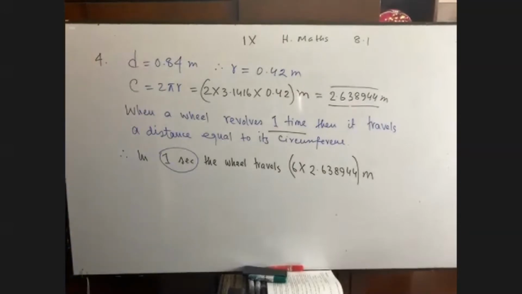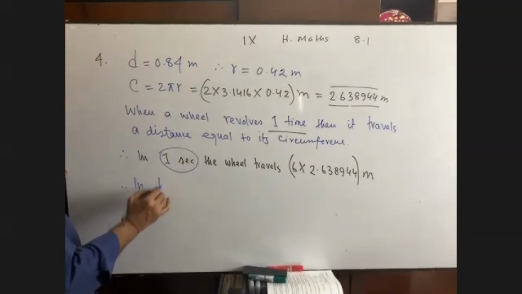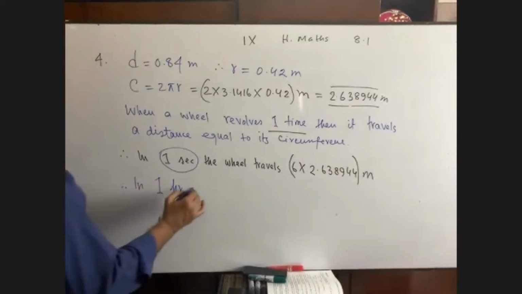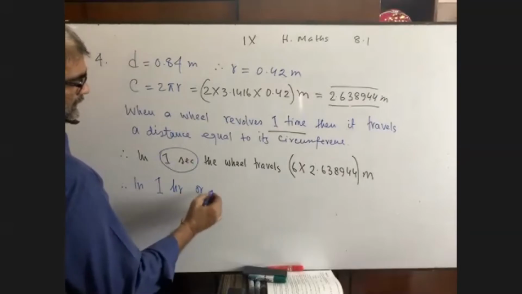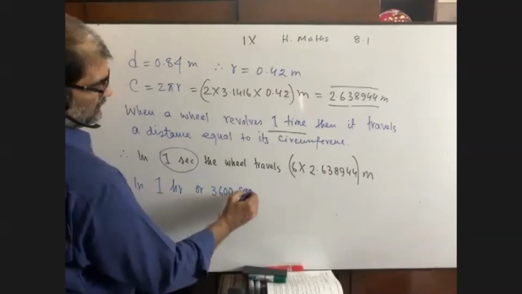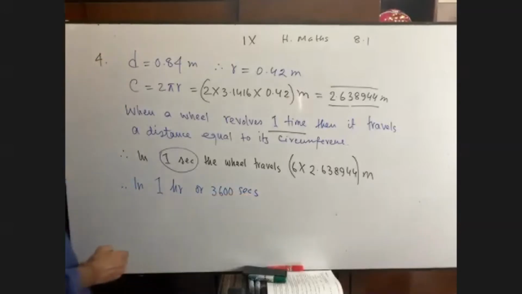Perhaps you cannot. Sir, you have to divide it. Write down: in 1 hour, or 3600 seconds. 1 hour means what? 3600 seconds, 60 into 60.